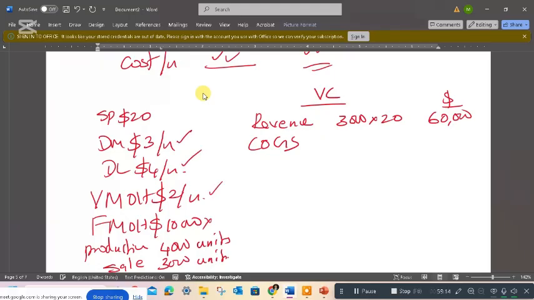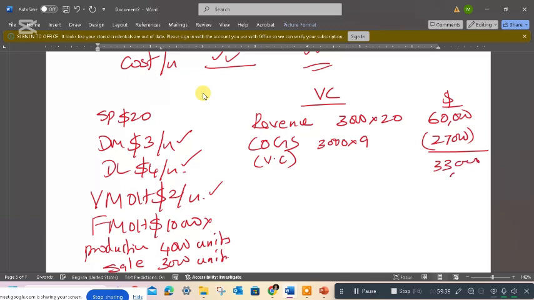You will not include this. So in cost of goods sold, 3 plus 4 plus 2, that's going to be 9. 3,000 units are sold. 3,000 into 9, 27,000. So basically this is variable cost of sales, right? You get 33,000.